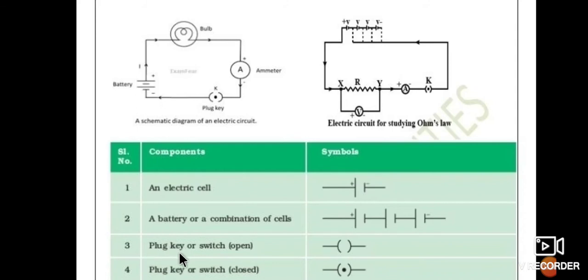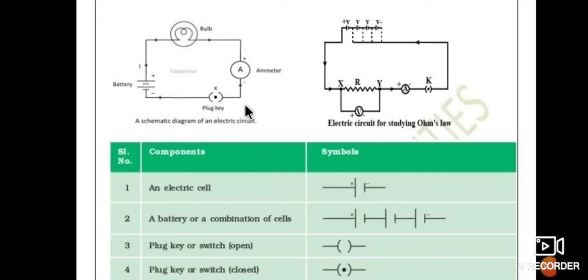Next, plug key or switch, open. Now this is a plug key, this is an open switch, that means here not connected, that means there is no connection between these two points. Okay. Next, fourth point is plug key or switch closed, here one dot is given.